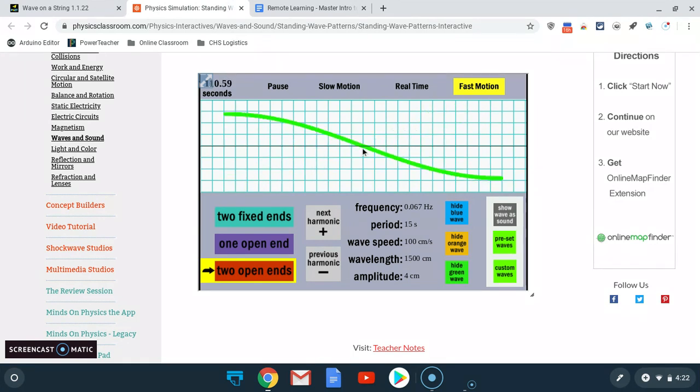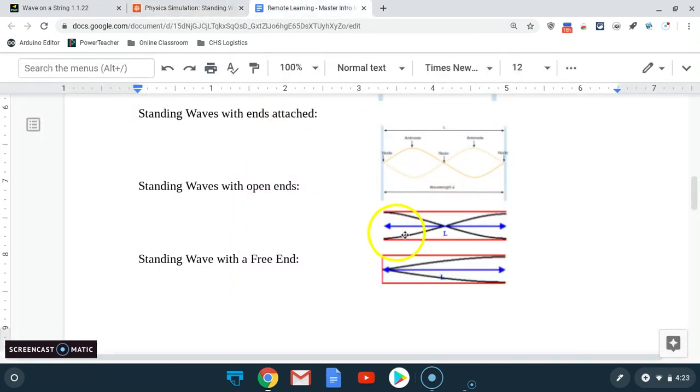Now, what's happening is that you're seeing half of a wave. This is basically the least amount of wave I can get oscillating in this thing to create a sound. What we find with a standing wave with open ends is that it has a node in the middle and two antinodes on either side.